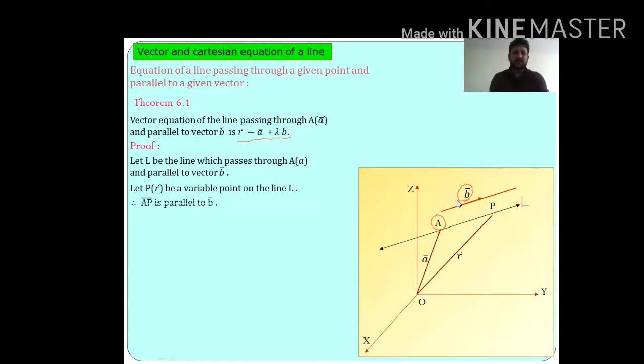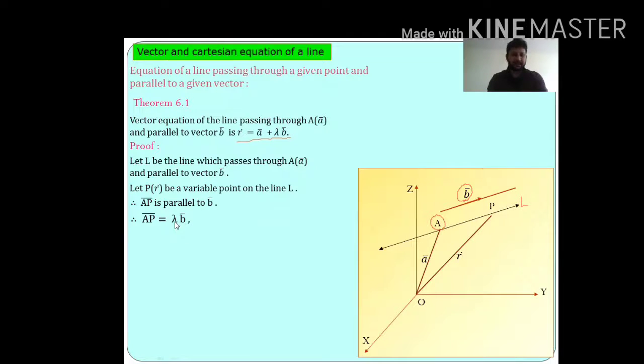So one vector is parallel to the other vector, so one can be expressed as a scalar multiple of the other. So AP bar is equal to lambda times B bar, where lambda is a scalar.